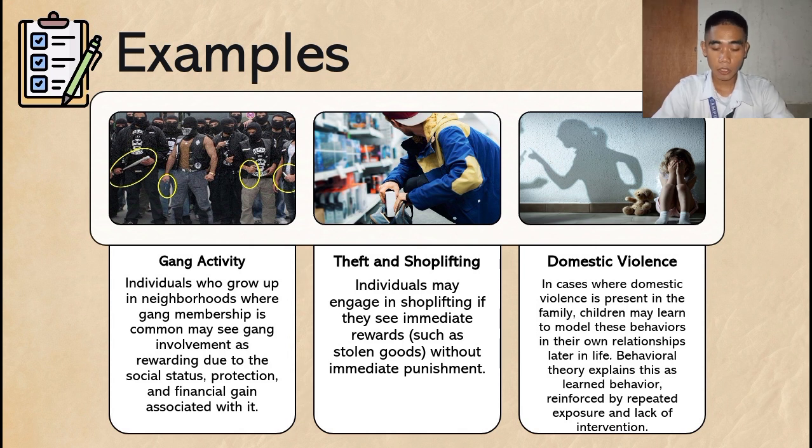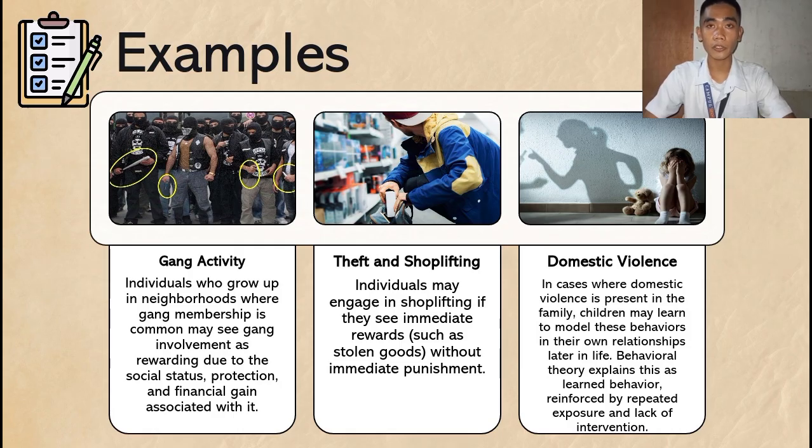In cases where domestic violence is present in the family, children may learn to model these behaviors in their own relationships later in life. Behavioral theory explains this as learned behavior reinforced by repeated exposure and lack of intervention.